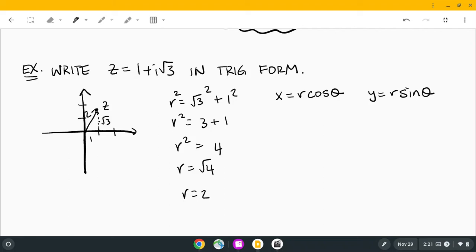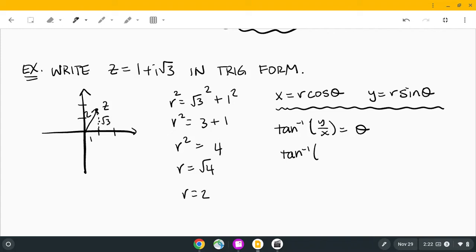We don't know what theta is, but tangent inverse of y over x will give us theta. So tangent inverse of square root 3 over 1. This is one of the ones we memorized. We know this is going to be 60 degrees.